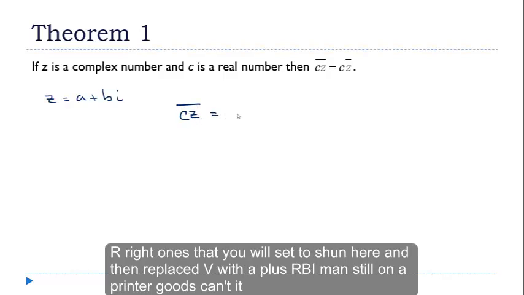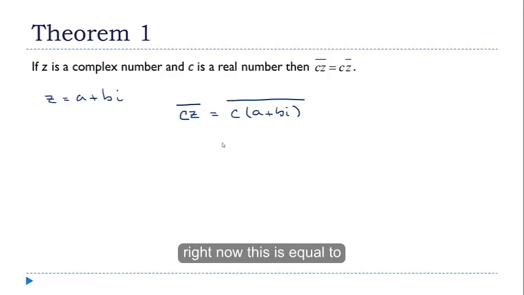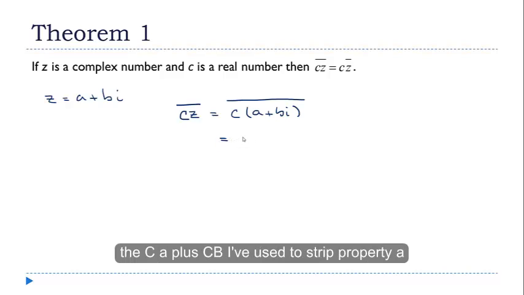I'm just going to do a little substitution here. I'm going to replace z with a plus bi, and that's still all under this conjugate. Now, this is equal to ca plus cbi. I just used the distributive property there.